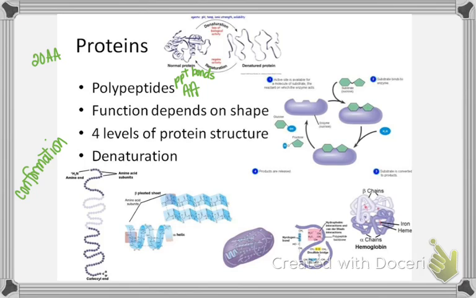Most amino acids consist of an asymmetric carbon covalently bonded to a hydrogen atom, a carboxyl group, an amino group, and then a variable group.